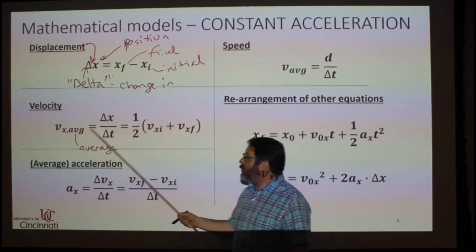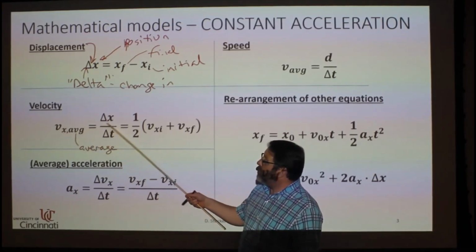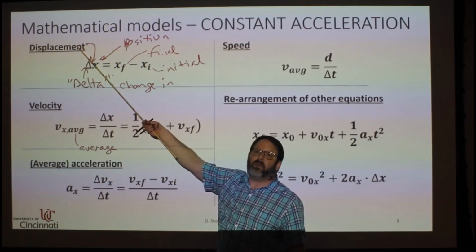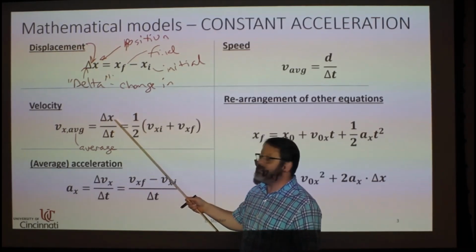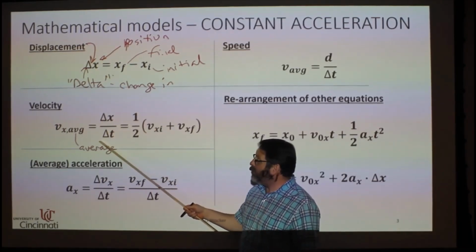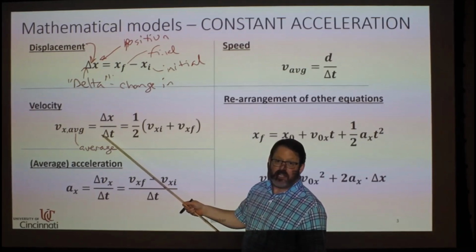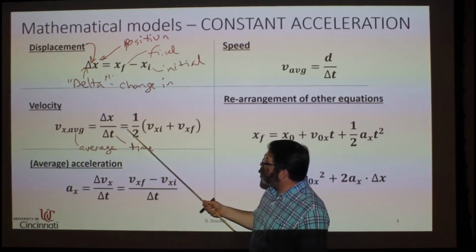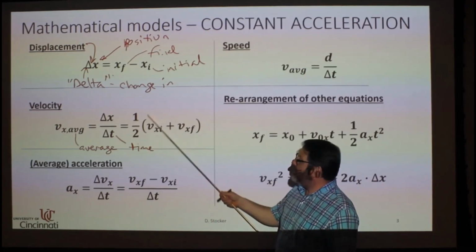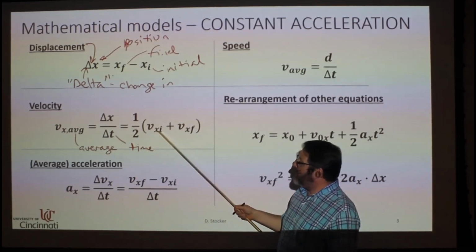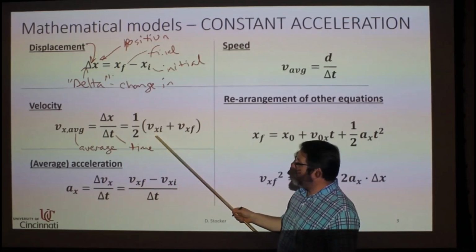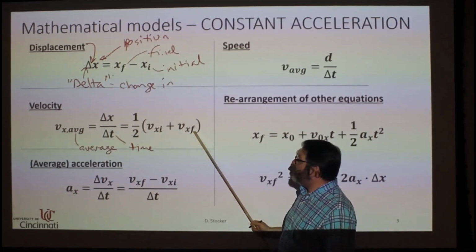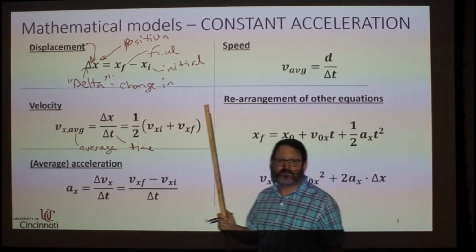The average velocity is delta x, the displacement or change in position, divided by delta t, change in time. And this is also equal to 1/2 times the initial velocity in the x direction plus the final velocity in the x direction.